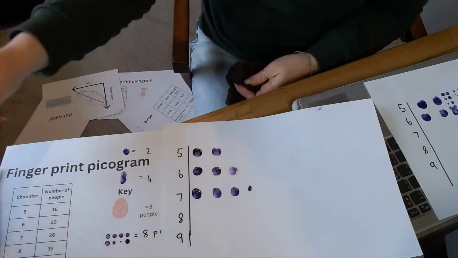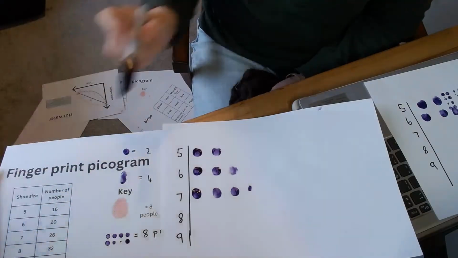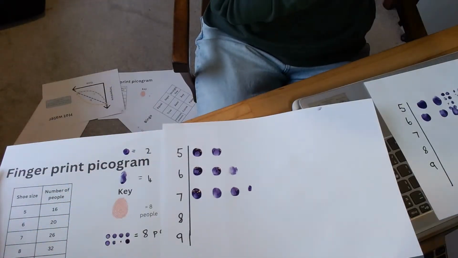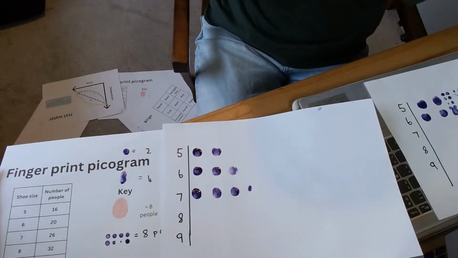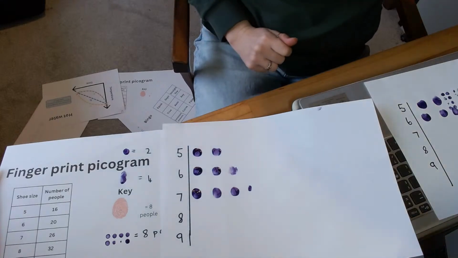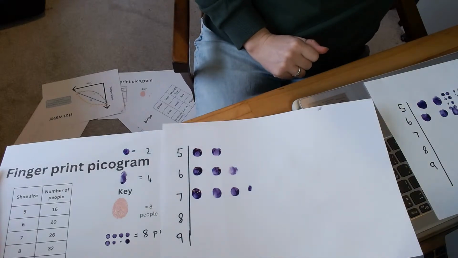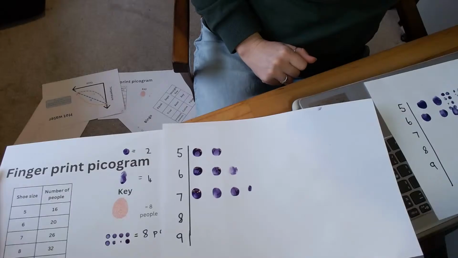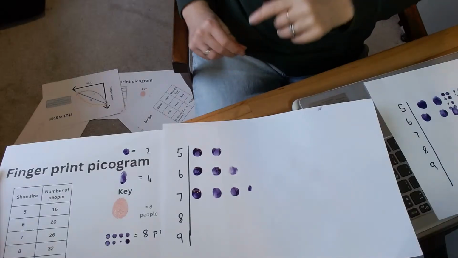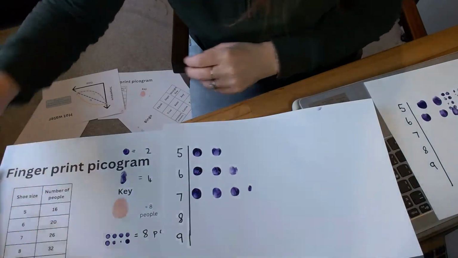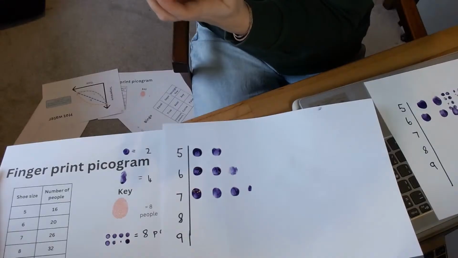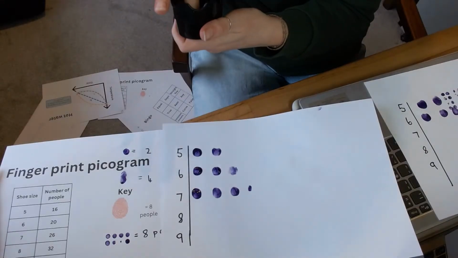What about for size 8 shoes? We need to represent 32 people. How many fingerprints are you going to need for 32 people? 32 is quite a nice one.